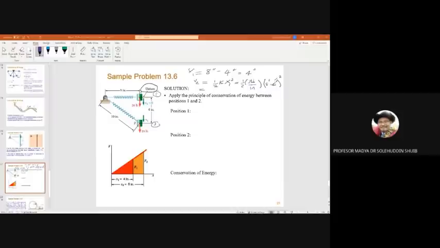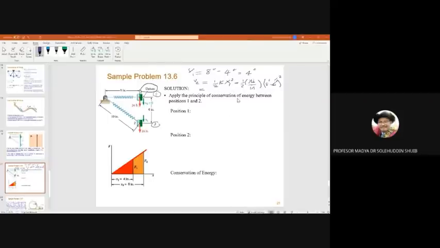Where 8 minus 4, as I mentioned just now, we stretch, right? The original length of the spring before we stretch is 4. So 8 minus 4, the deflection, how we stretch, is 4 inch.